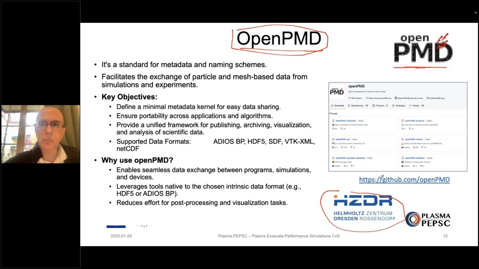HCDR is one of the promoters, but it is widely supported now by different organizations all around the world. This is something that we started using in PlasmaPEPSC both to organize data, so that it is FAIR data, but also to largely improve the performance of the I/O system and the I/O of the particle simulation.